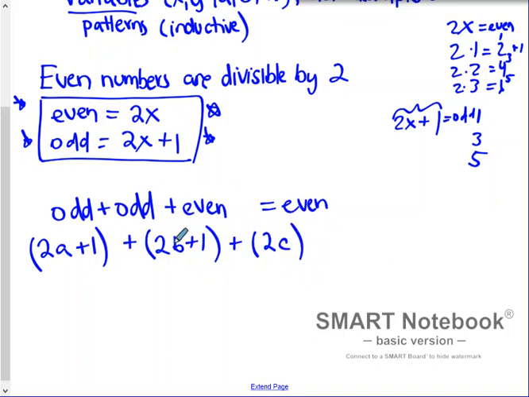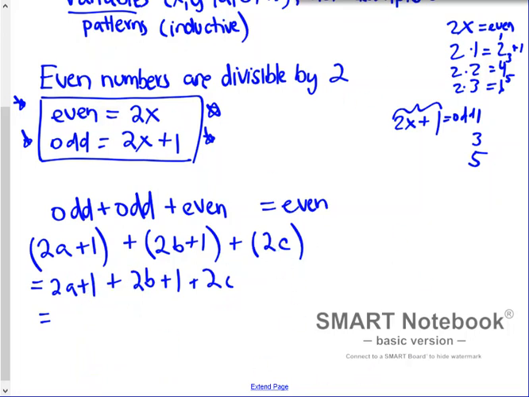And I'm going to see if I can figure out if this is going to be even or not. Let's take a look here and get rid of some of these brackets. So this is basically 2a plus 1 plus 2b plus 1 plus 2c. I'm just going to rearrange some of these things and add some like terms.